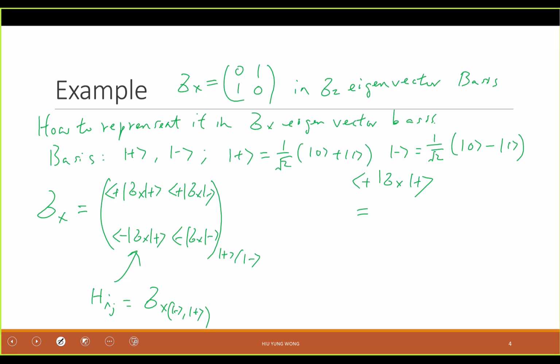First, I know this plus is 1 over square root 2 times the matrix 1, 1, and the sigma x matrix is 0, 1, 1, 0. This plus, I said the wrong thing, right? This is the bra, so it has to be what? It should be horizontal, it should be a row.